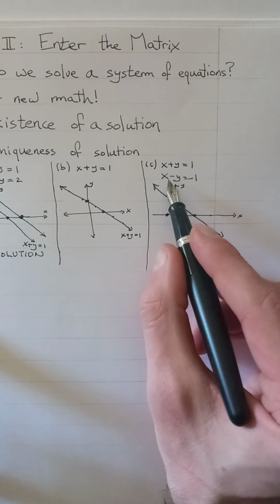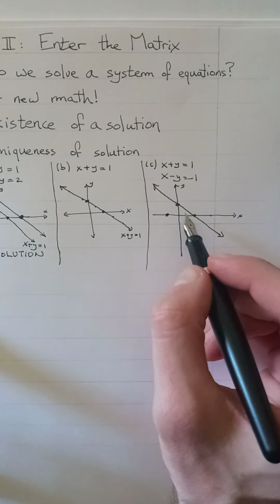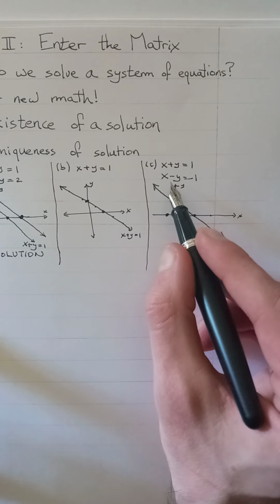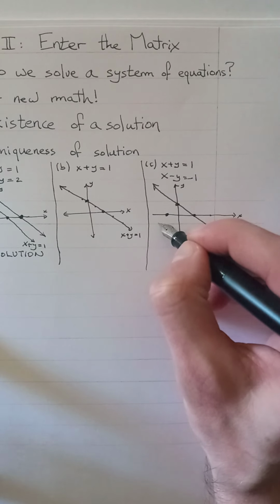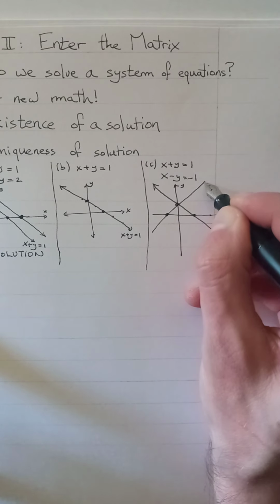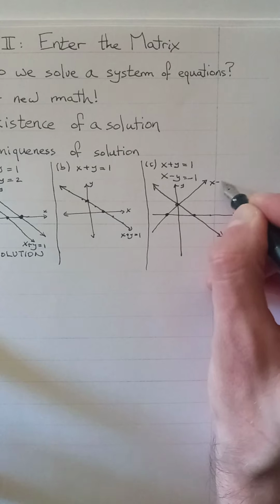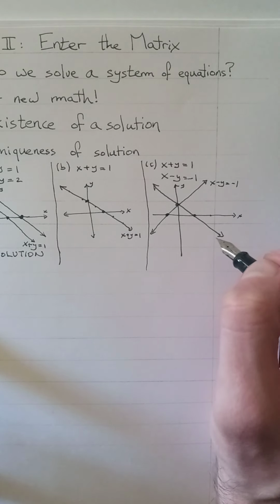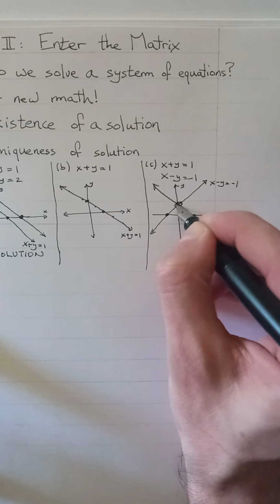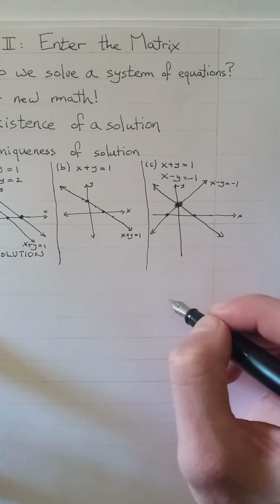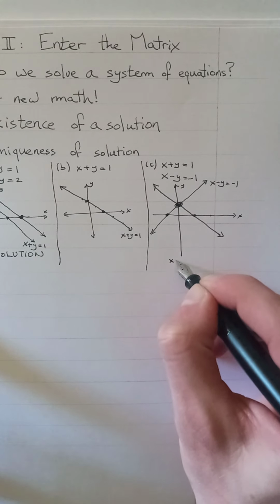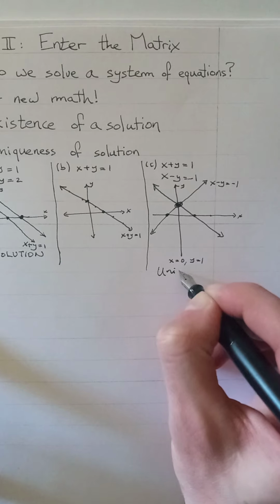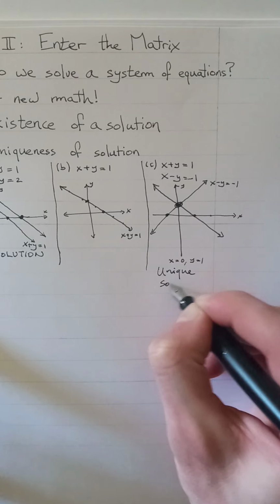When x is 0, y has to be 1, right? 0 minus y is equal to minus 1. That's true when y is 1. So that means that x minus y equals minus 1 looks like this. Aha! So there is a unique solution here, namely x is 0 and y is 1.